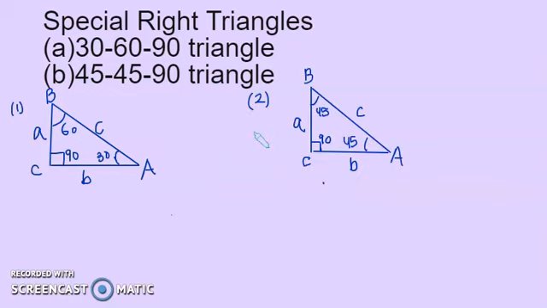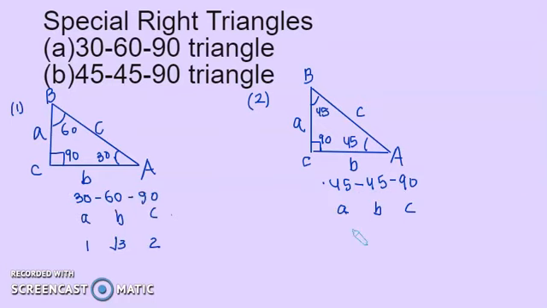Diagram 2 shows a 45, 45, 90 triangle. In a 45, 45, 90 triangle, the ratio of the sides is 1, 1 and root 2.